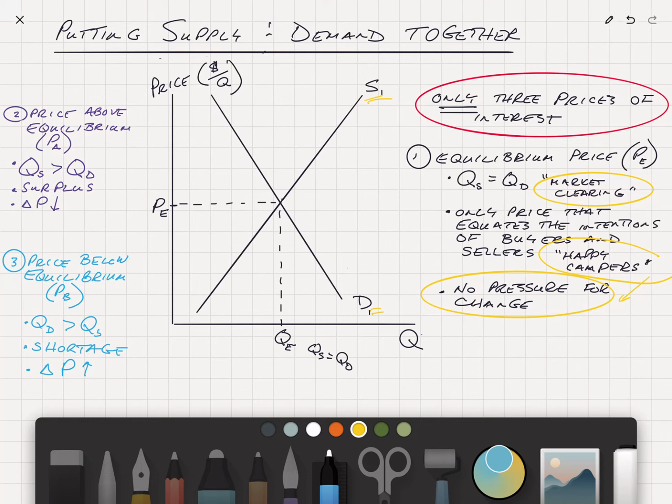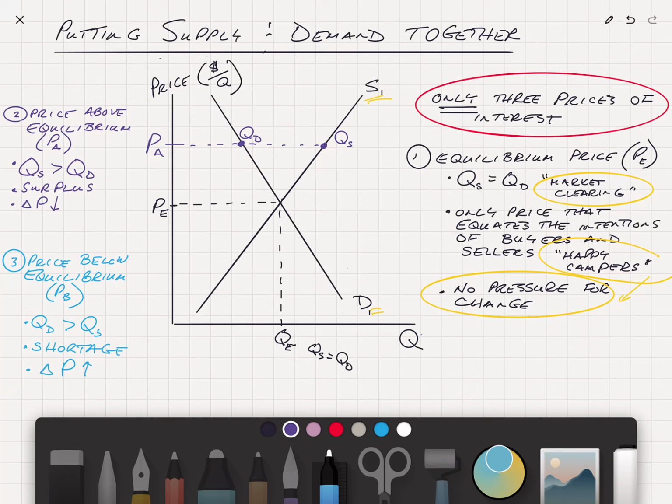The second price that I'm going to talk about is a price above equilibrium. It's over here on the left side in purple. Let's just pick any price north of P sub E and label it P sub A. Draw your price line across and find out where it intersects the two curves. It hits your demand curve first, and we'll label this QD. It hits your supply curve second, and we'll label this QS.